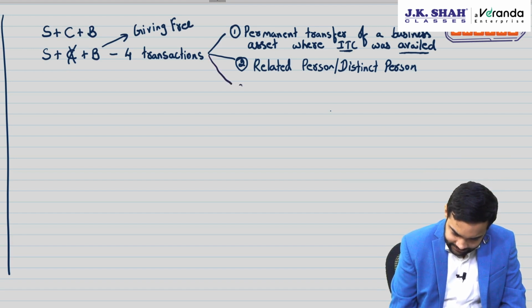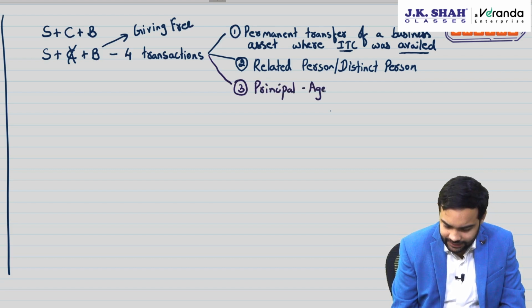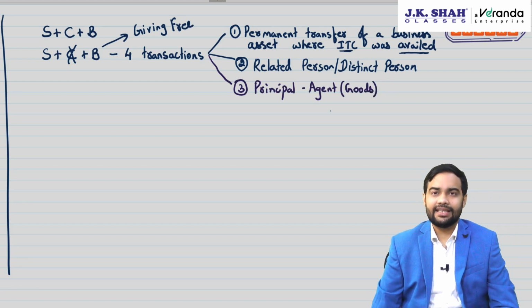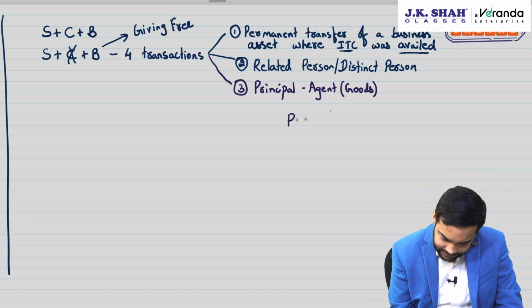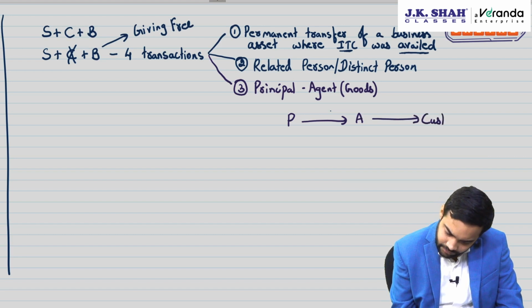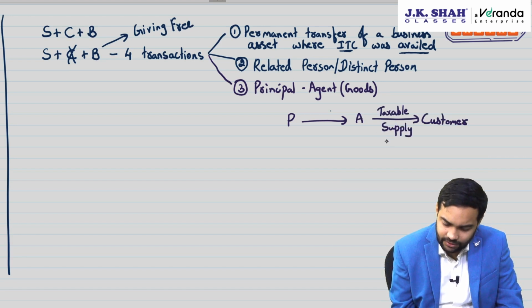The third transaction is principal and agent. But remember, it is only for principal and agent relating to goods. And the condition is agent should bill in his own name. Let's have a look at the transaction. Say suppose there is a principal, there is an agent, and there is a customer. Now, agent is making a taxable supply, and agent is billing in his own name.